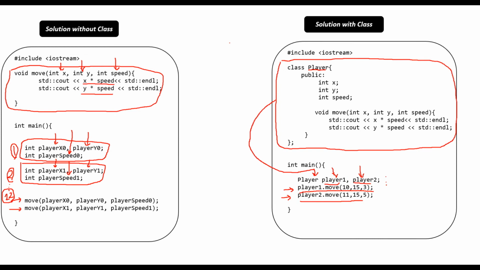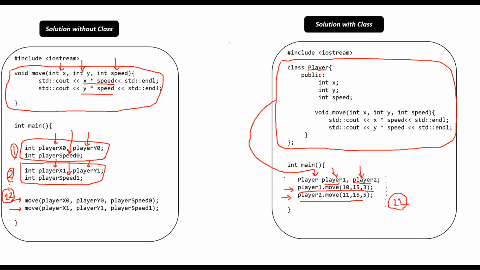If you want to extend this program to 22 players, you don't need to specify 3 variables for each player like this. Here you specify a class one time, then you can create unlimited objects from the class.